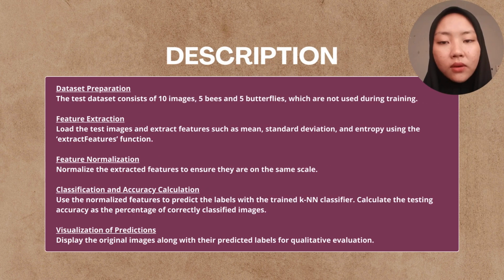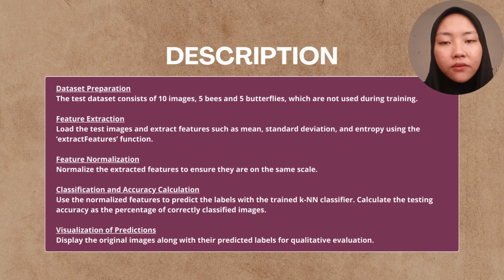Description of testing process. For dataset preparation, the test dataset consists of 10 images, 5 bees and 5 butterflies, which are not used during training. For feature extraction, load the test image and extract features such as mean, standard deviation, and entropy using the extract features function. Next, feature normalization.